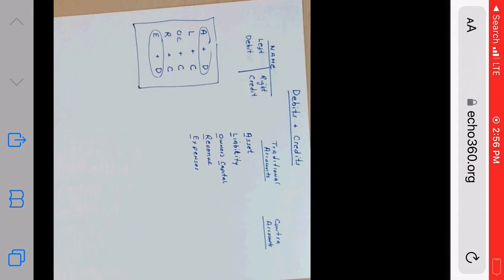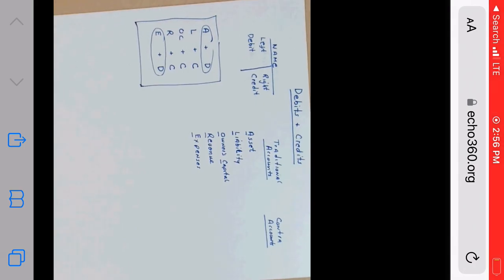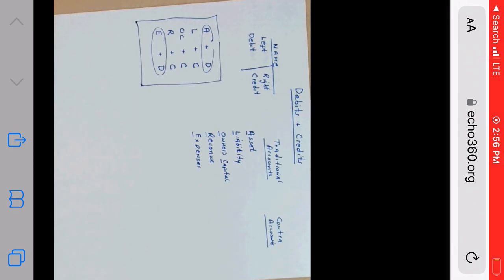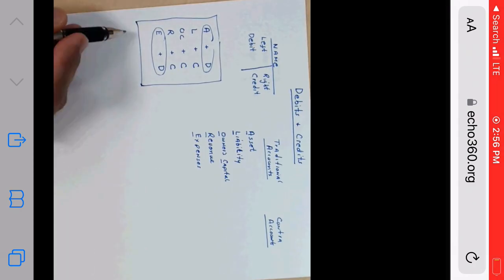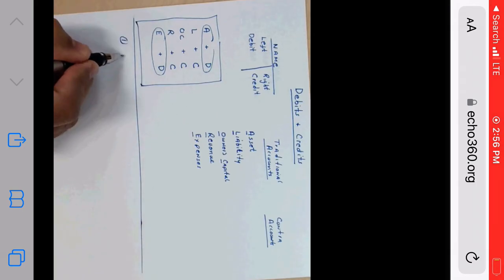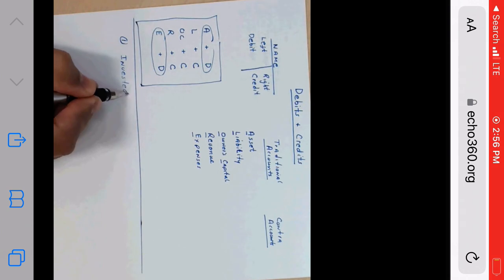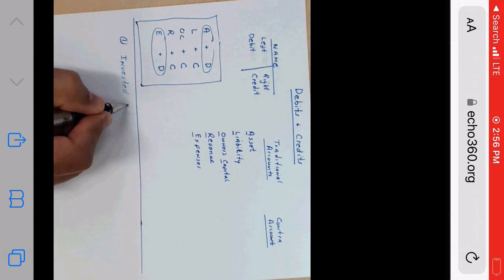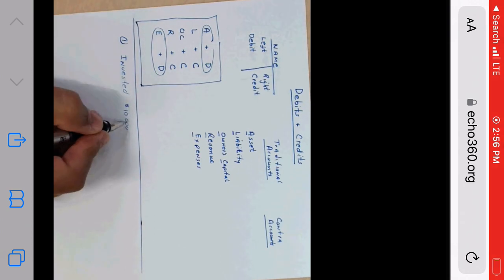So, let's look at several transactions just to give you a feel for how to use this, using T accounts. Let's say in transaction number 1, you invested $10,000 to start a business.